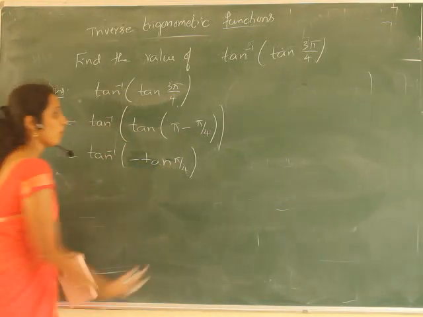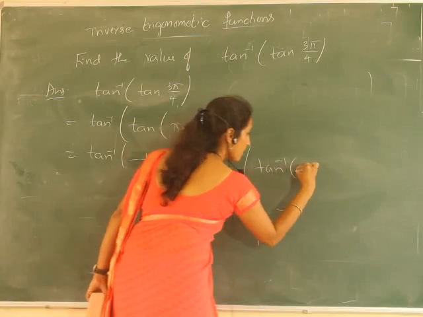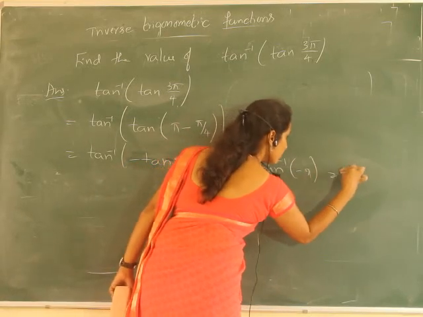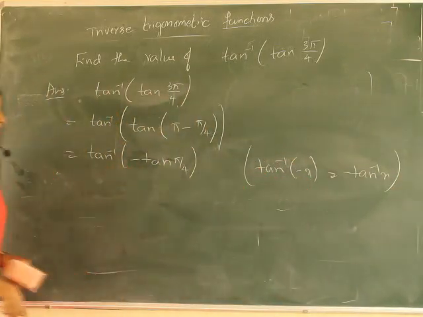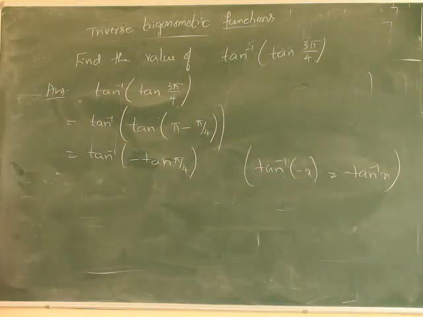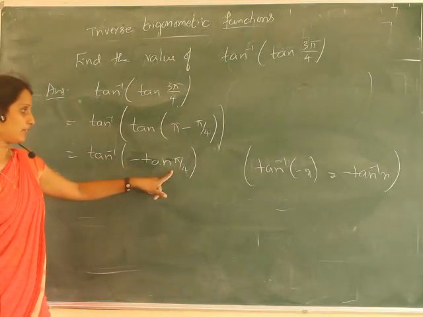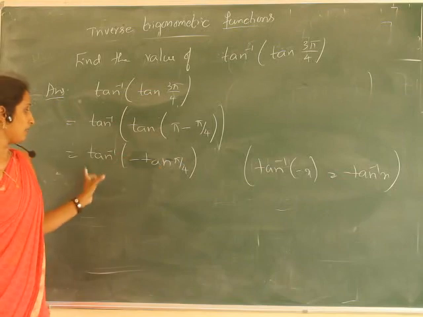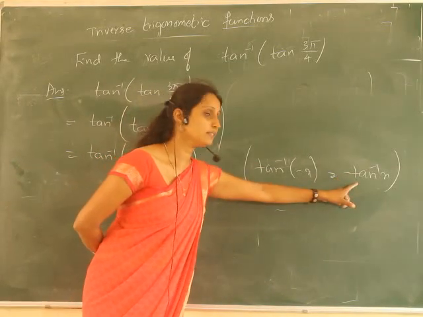Now this is in the form of tan inverse of minus x. We know that tan inverse of minus x is minus tan inverse x.